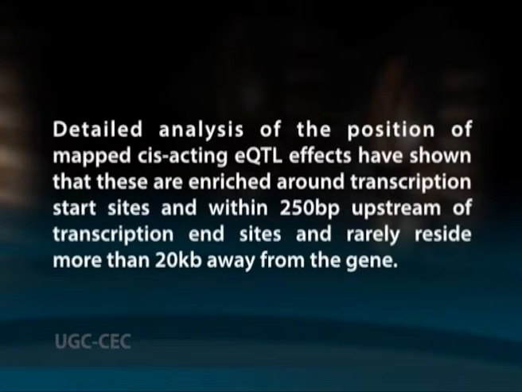Detailed analysis of the position of mapped cis acting eQTL effects has shown that these are enriched around transcription start sites and within 250 base pairs upstream of transcription end sites and rarely reside more than 20 kb away from the gene. Cis acting variants also appear to occur more often in exonic SNPs.